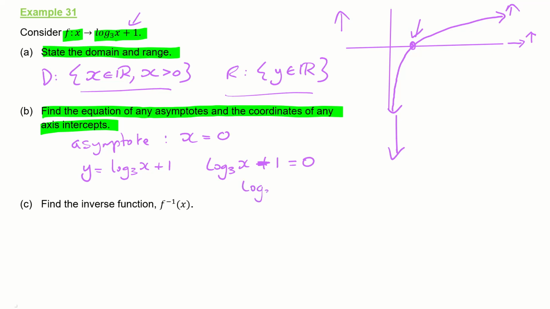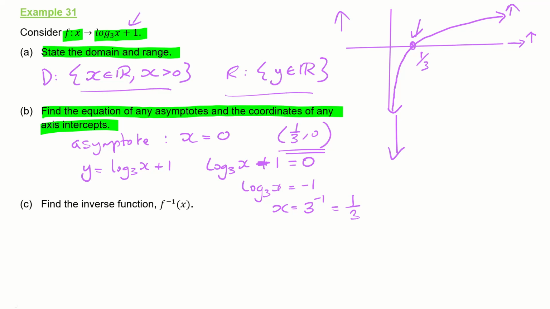So log to the base 3 of x is equal to negative 1. x is going to be 3 to the negative 1, which is 1/3. So we're going to have (1/3, 0) as the x-axis intercept.